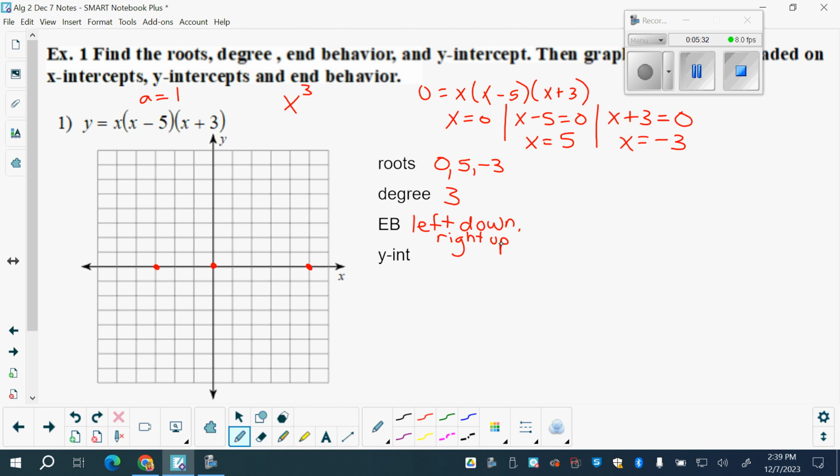Okay, so our y-intercept is, what does the y-intercept mean? Where the graph crosses the y-axis. Any point that crosses the y-axis has an x value of 0. So we're going to take our equation, and in place of our x's, we're going to put a 0.